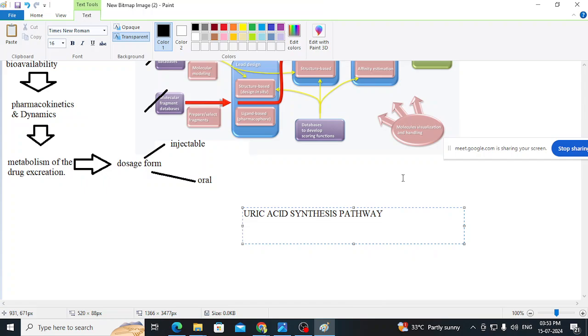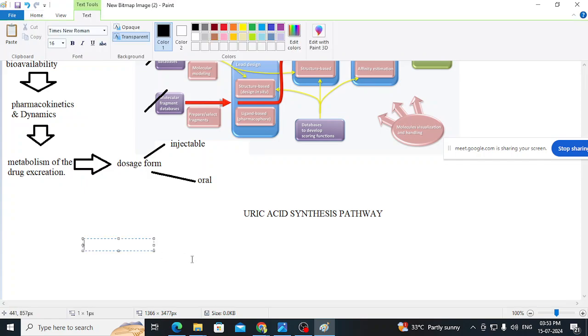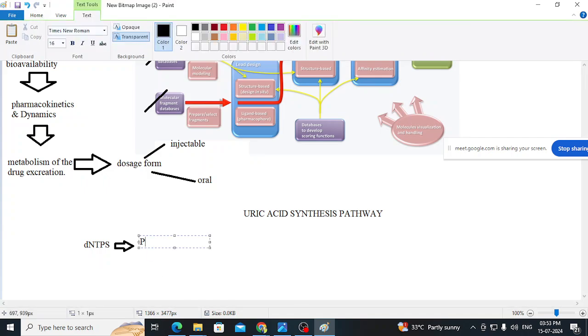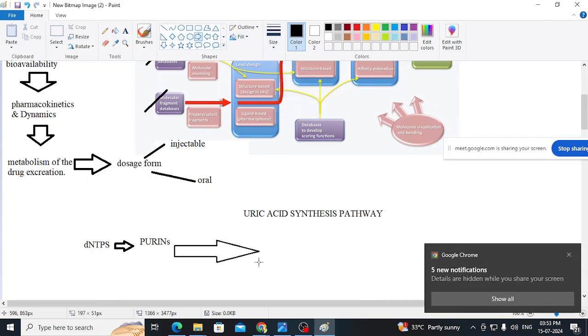So what happens in the uric acid synthesis pathway? All your nucleotides, let us say dNTPs, mostly the purines, will end up as a metabolite which is known as uric acid.